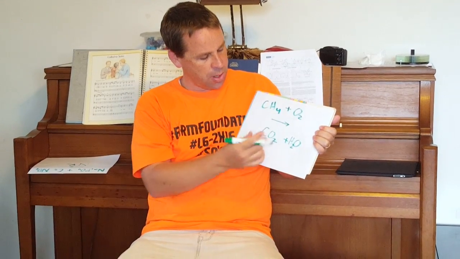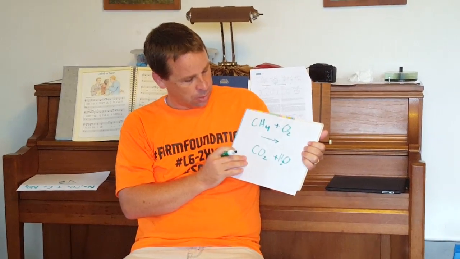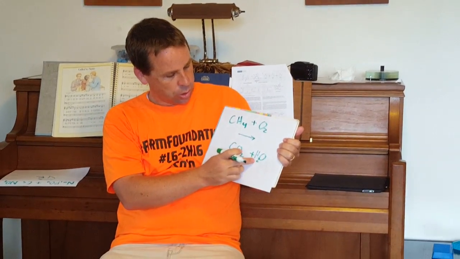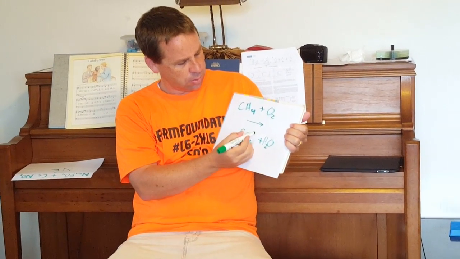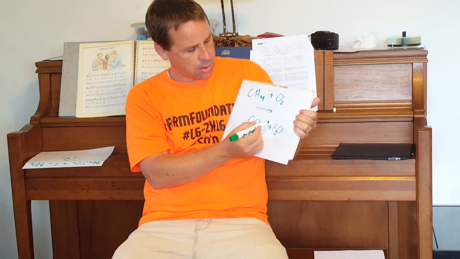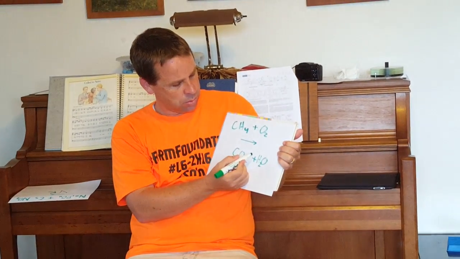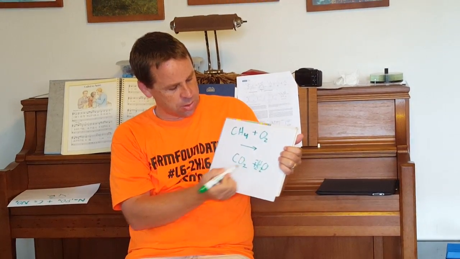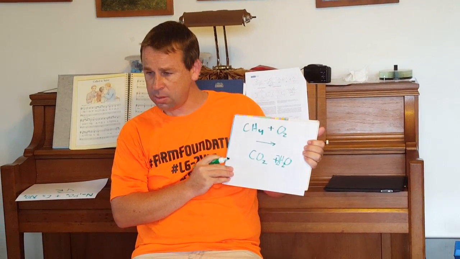If I put a 2 there, that would fix oxygens. But then I would need a 2 here to fix hydrogens, right? I think we'll be okay if I put a 2 here, because that'll give us 4 hydrogens. Everybody see that?